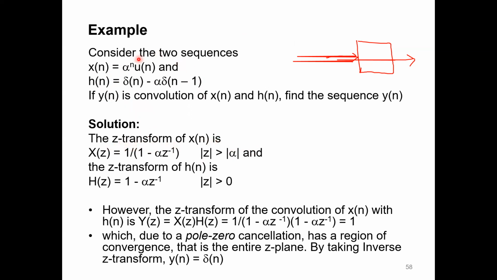So the z-transform of this one: now according to the convolution theory, when a signal goes to a system, they interact, it is convolution. So the output is the convolution sum. That is the first thing you should be able to figure out.